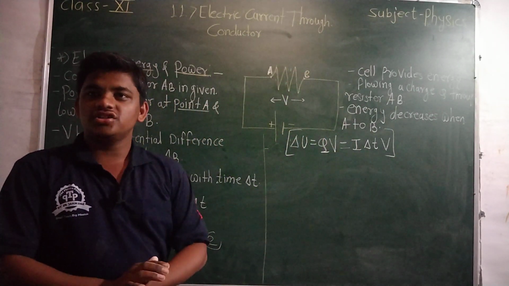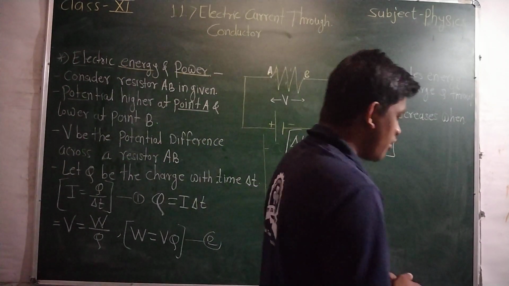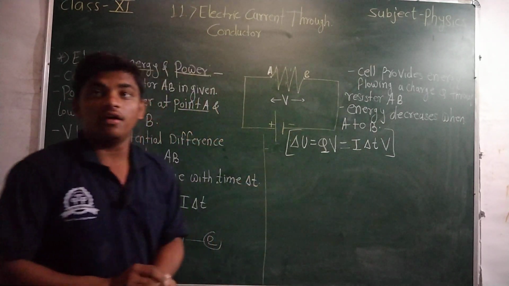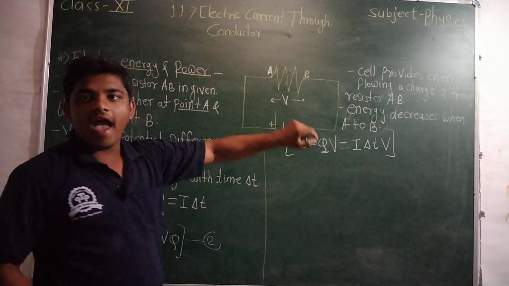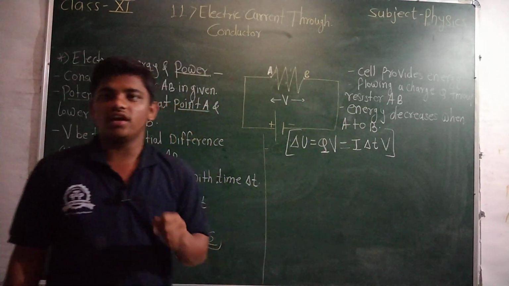I use the equations of energy. By the principle of conservation of energy, energy will be converted through the resistors, and we get the equation of the change in energy.